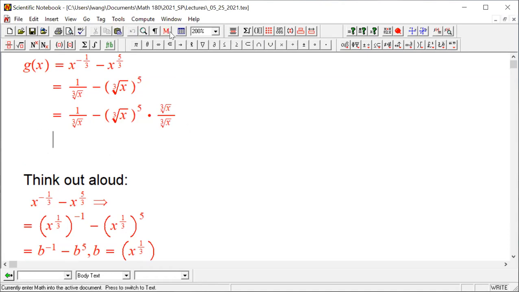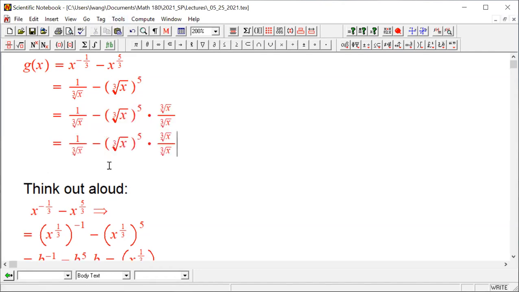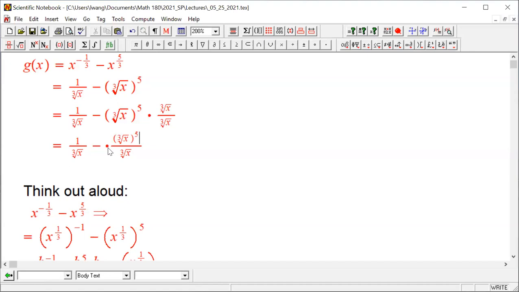Then we have the same denominator. If you rewrite that piece, you have the same denominator, and this factor multiplied by this factor will turn into power 6.